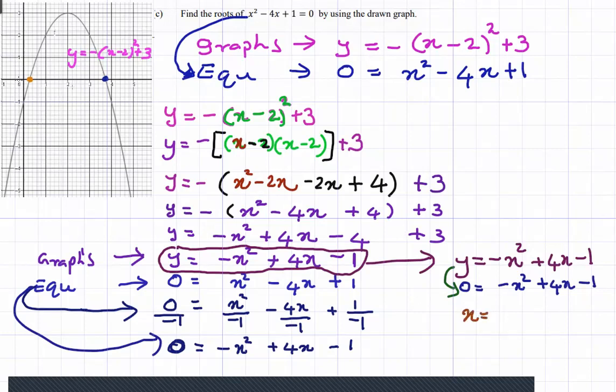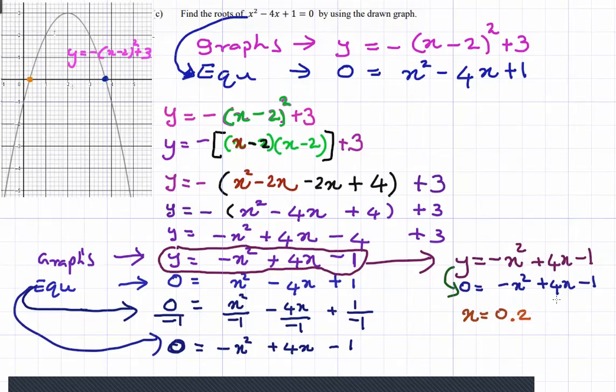X equals, see, it's after one tiny box. So what's the value represented by one tiny box? From 0 to 1, there are 5 tiny boxes. So one tiny box would represent 0.2. So x equals 0.2. But that's not the only answer. There's another answer for x.